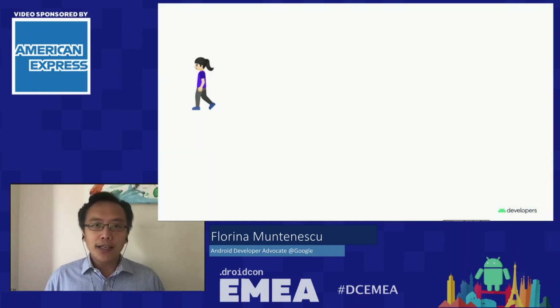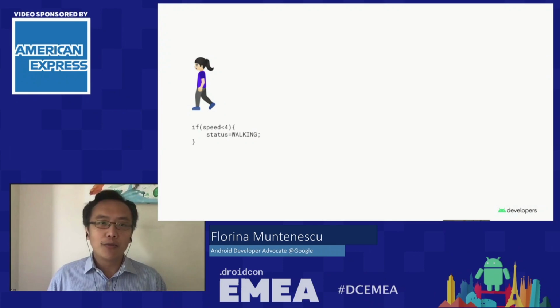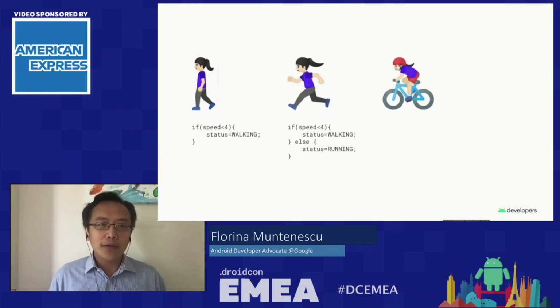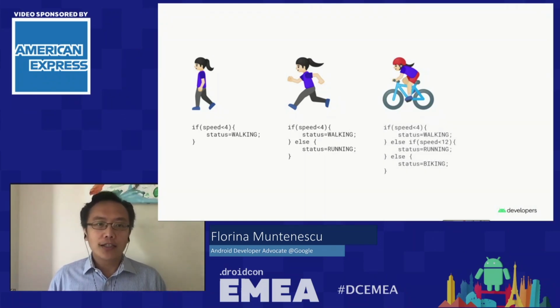If we take the example of activity detection, differentiating between walking, running, biking, you might do something like this, where you pick up one of the features, speed, let's say, and say, if it is less than 4, it is walking. If it is between 4 and 12 kilometers per hour, it is running.